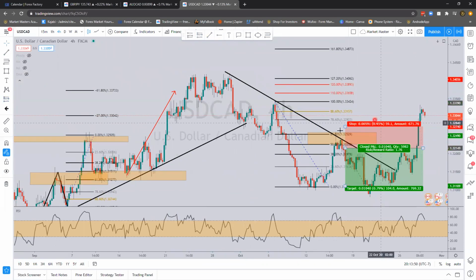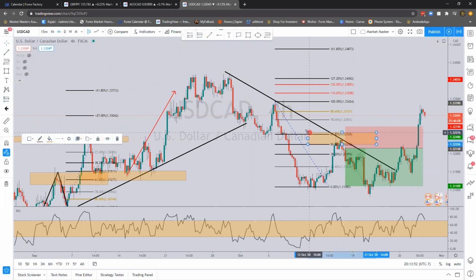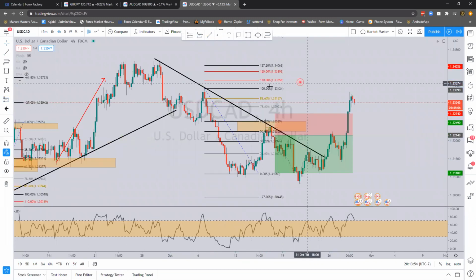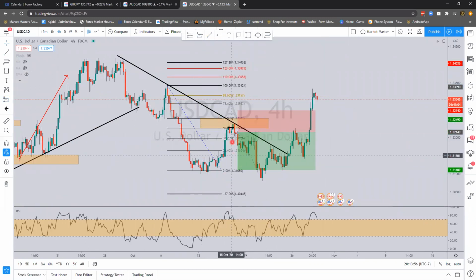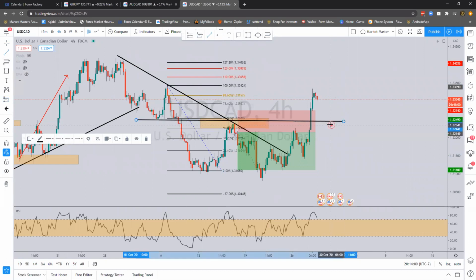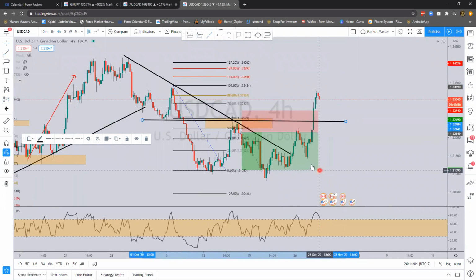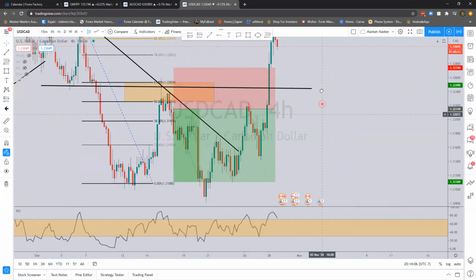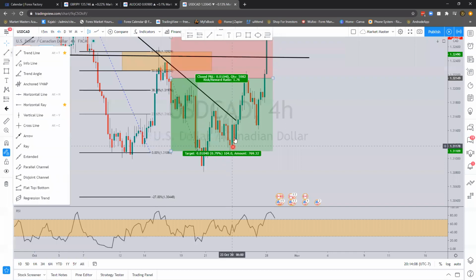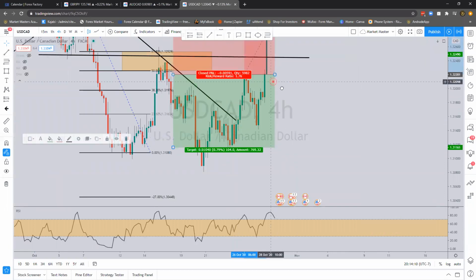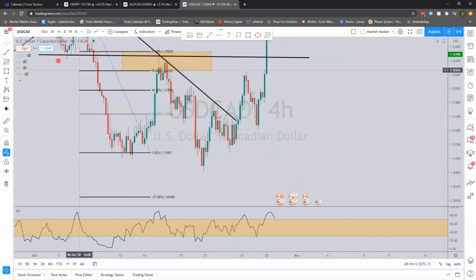But once you have these exact settings and look for that area of 61.8 and 50%, you know that it's expected to reverse, and you just add the multiple confirmations for the sell, which on USD CAD was a good sell here, and then a good buy here once it broke above.